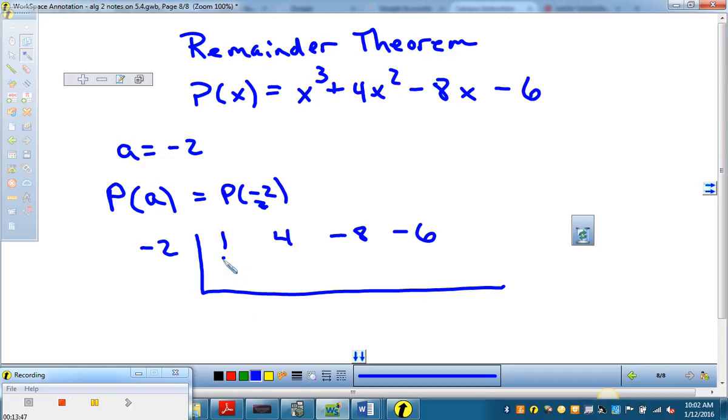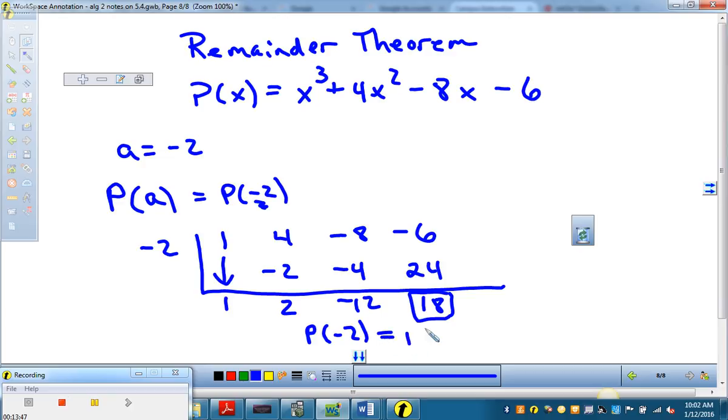Set up your synthetic division, bring down the 1, multiply, add, multiply, add, multiply, and the top is 24, and we get 18. So that tells us that P of negative 2 equals 18.